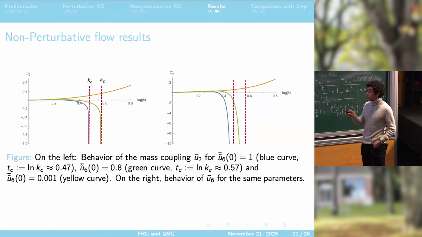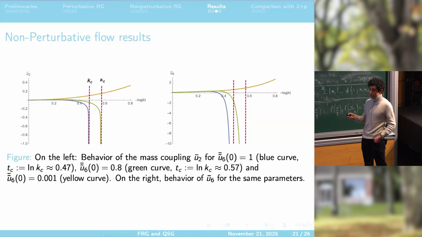So now you have on the left-hand side U2, the effective mass, the flow of the effective mass, and on the right the flow of the local sextic interaction. We start with, again, a very small U6 tilde, the yellow curve. And you can see as we increase U6 tilde, in the green and blue curves, singularities appear again.